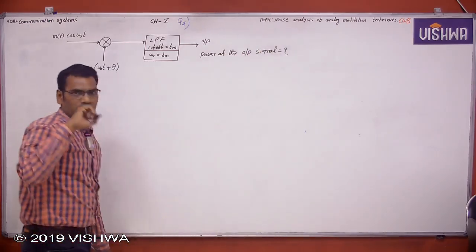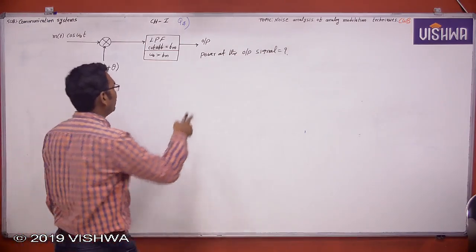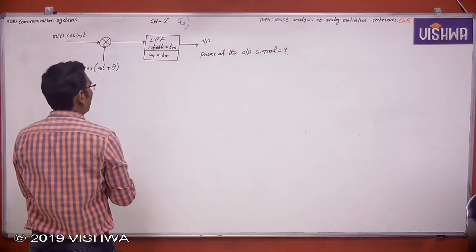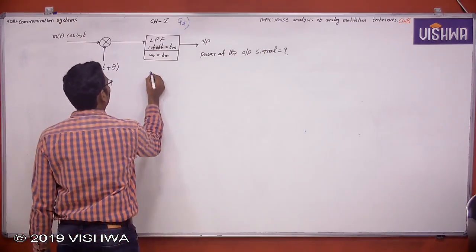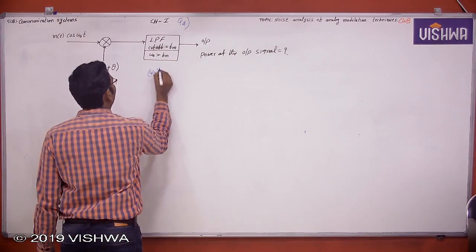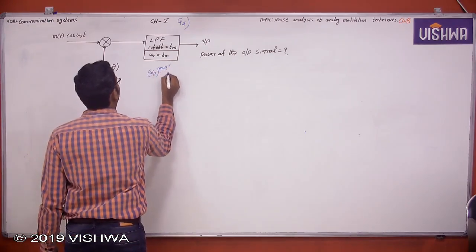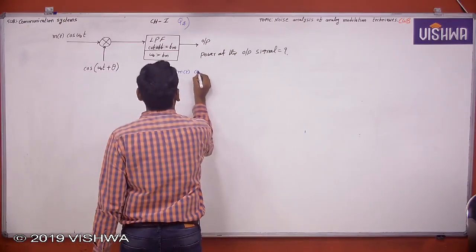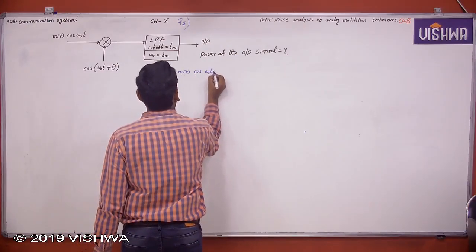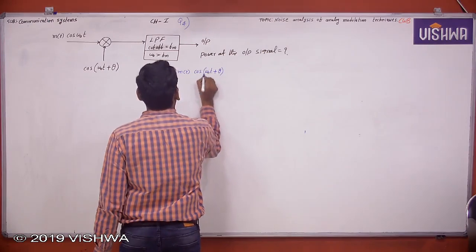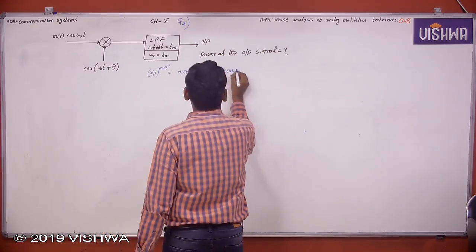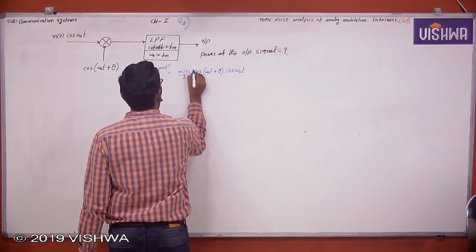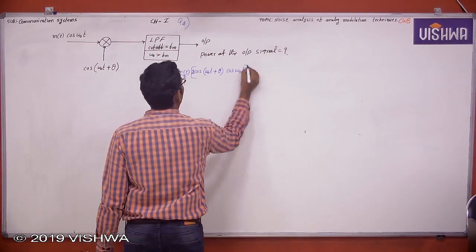Okay, first we will see what the output signal should be, and after that we will find the power. Now this is a multiplier. What is the output of the multiplier? The output of the multiplier is m of t into cos of omega naught t plus theta into cos omega naught t, divided by 2 and multiplied with 2 cos a cos b.